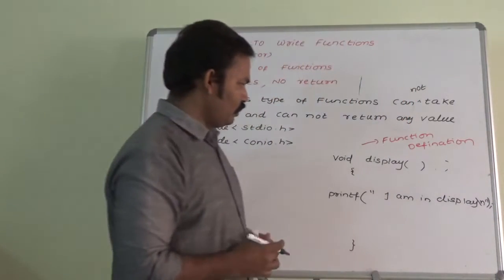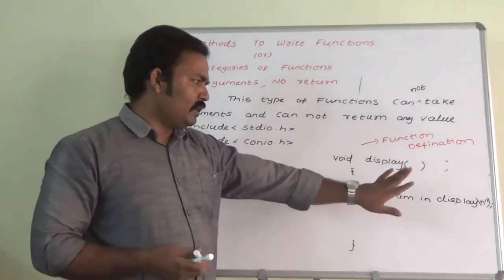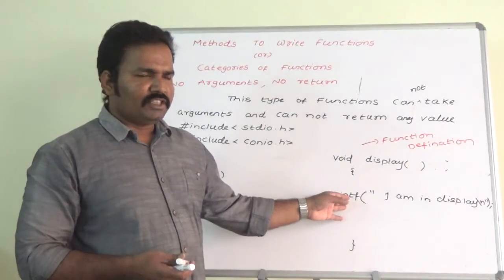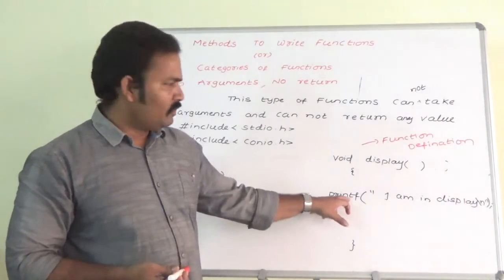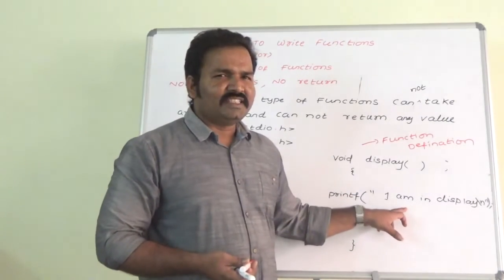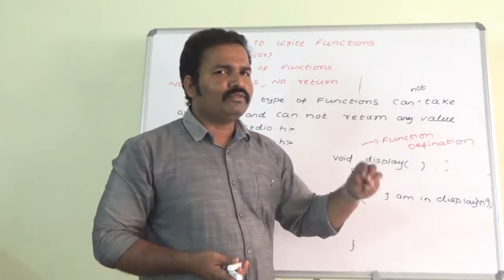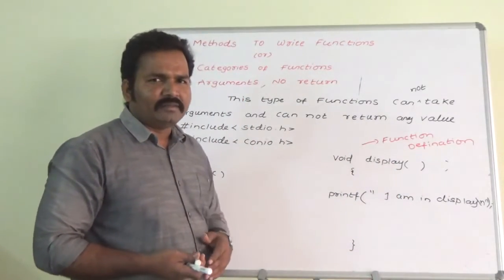So I wrote only one statement in the display function. printf is a predefined function which is used for output purposes. By using the printf function, we can display text messages on the screen, and also we can display values of variables on the screen. So function definition completed.